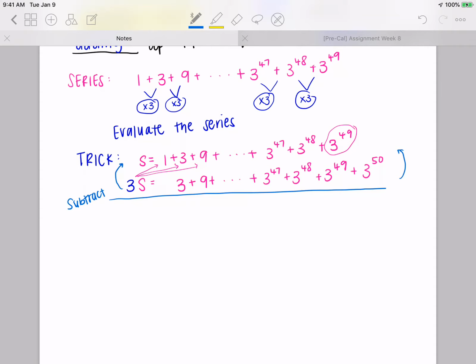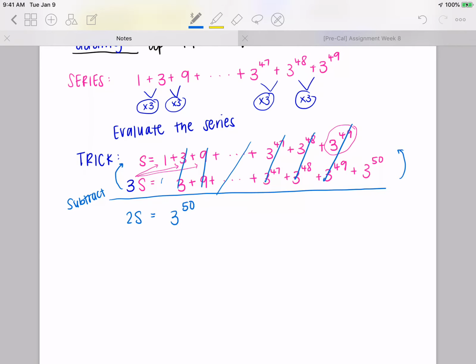Okay, so subtracting 3S and S is going to give me 2S. And if I subtract, you would notice that everything in the middle got canceled out. 3 minus 3, 9 minus 9, and everything in between would go away. And then I'm going to be left with 3 to the 50.